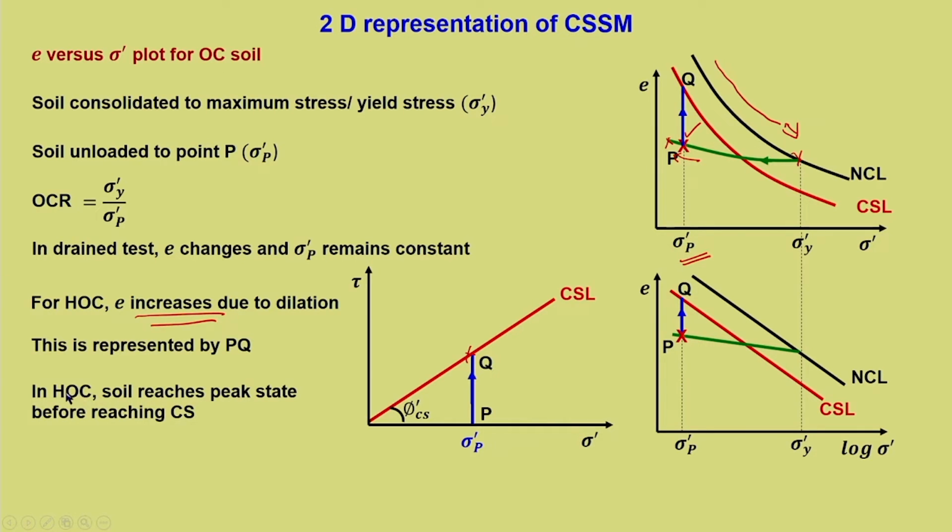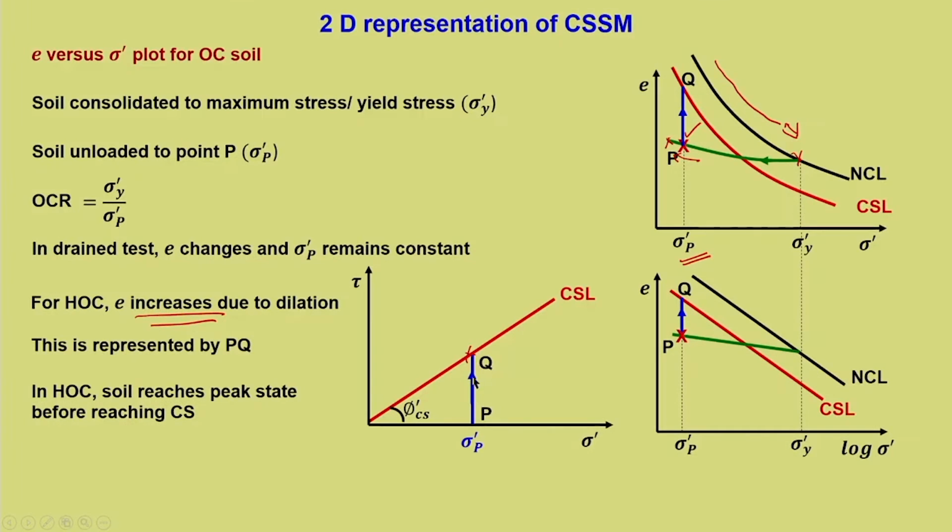In HOC, now this is another important aspect we need to keep in mind. You know that in heavily over consolidated soil, it would first exhibit peak and then come to the ultimate state or the critical state. Now, where is this shown here? If we do like this, it means that from this point the stress path moves and touches the critical state point.